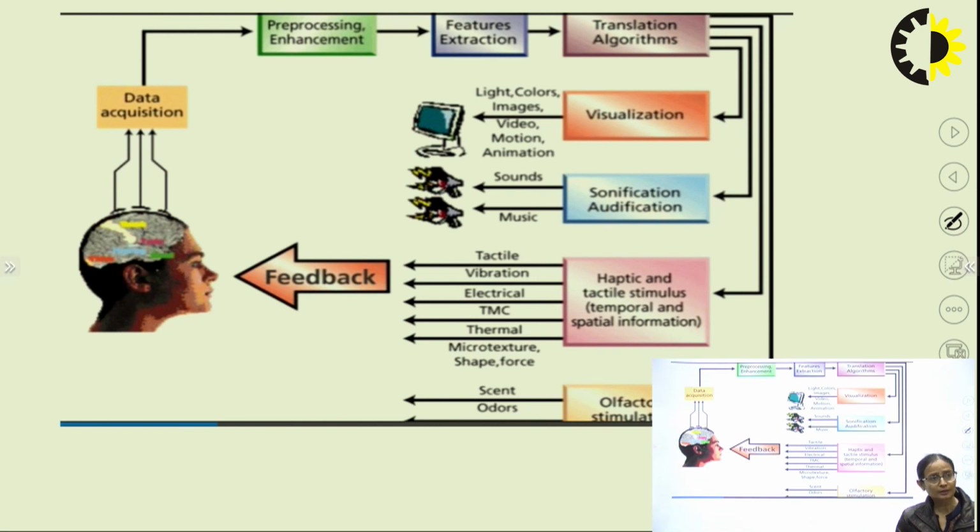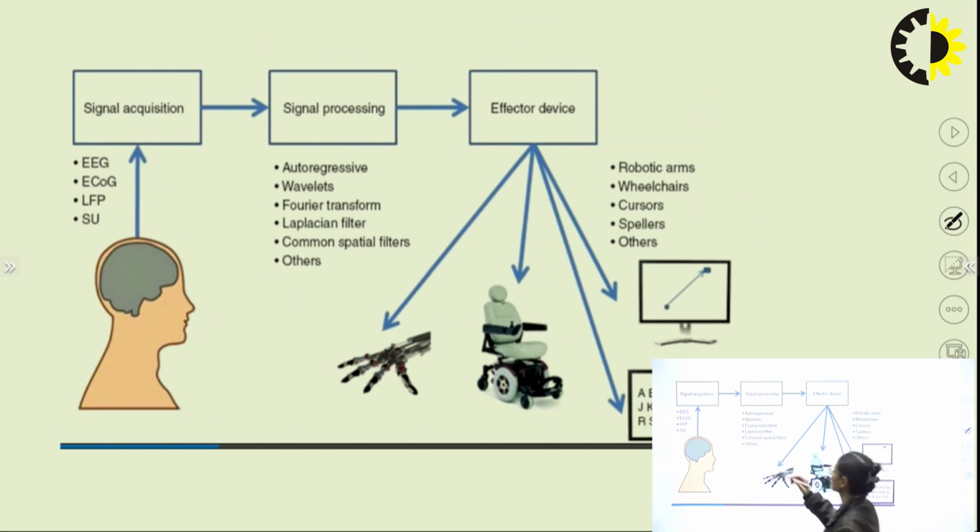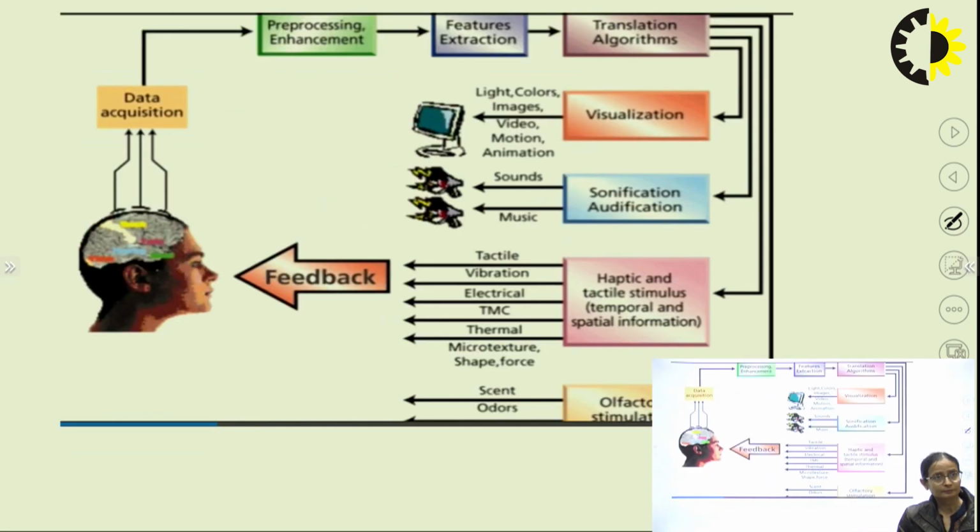So after data acquisition, we have seen the signal processing part. Now this signal processing part is very complex because here we are doing feature extraction and other processing. Once the data is acquired, we use certain pre-processing enhancement techniques. After that, the output is sent to the feature extraction module.